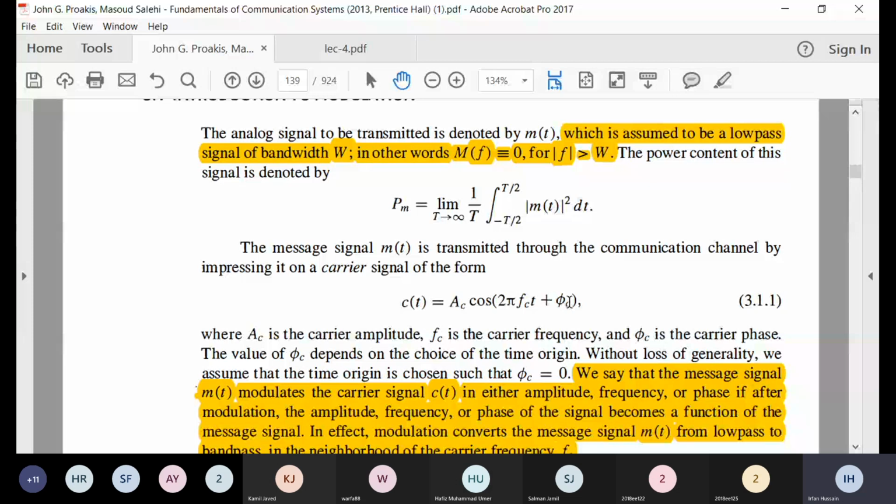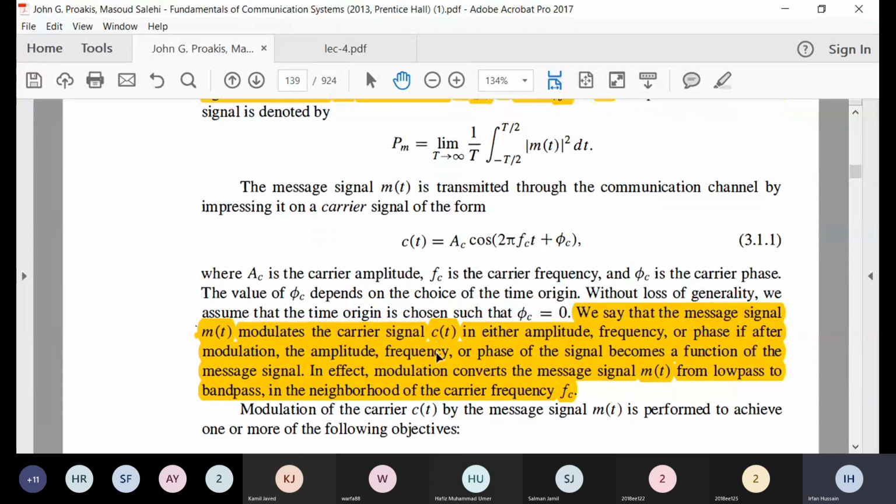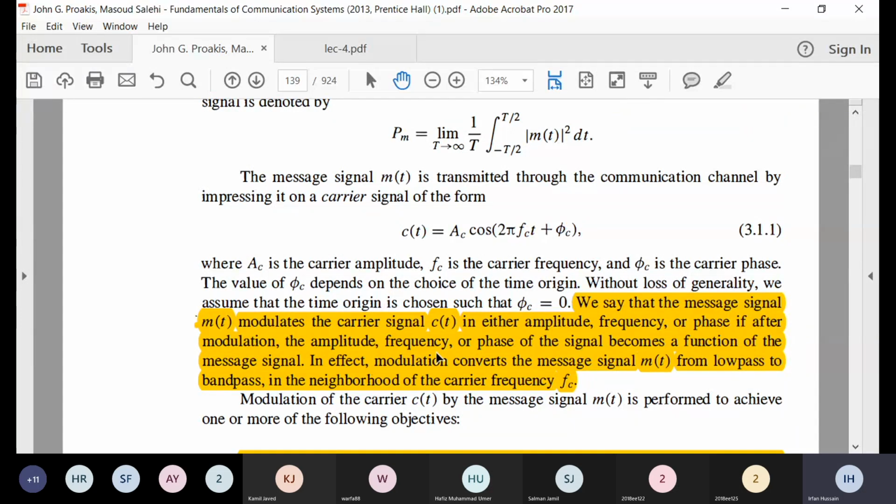And then this modulated carrier is sent through the channel. Here we are assuming that the phase is 0, so that you just have A_c cos 2 pi f_c t, and the message signal modulates the carrier in either of these three things: amplitude, frequency, or phase.